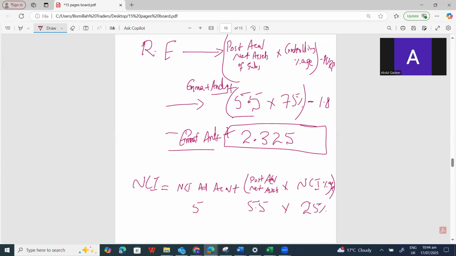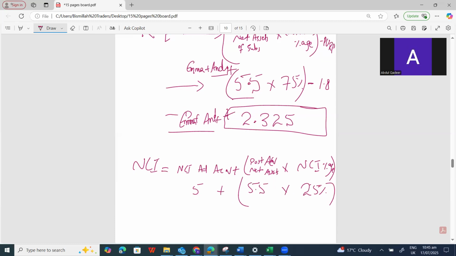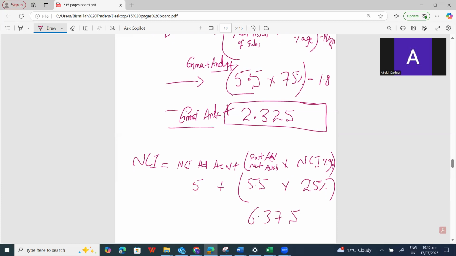This 5.5 will go into two portions, because it is wholly related to Julie: 75% goes to the group and 25% goes to the NCI. So 5.5 multiplied by 25%, which is 5.5 multiplied by 0.25, gives 1.375, plus 5. So it comes to 6.375.